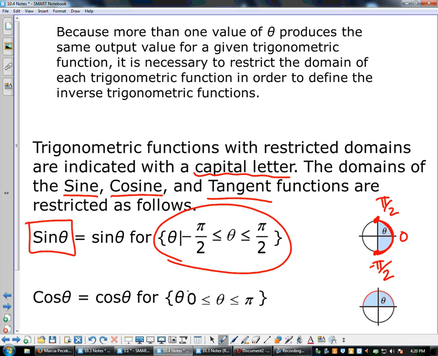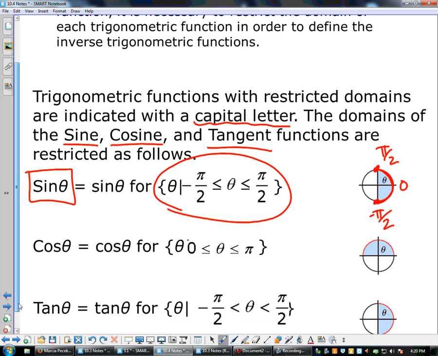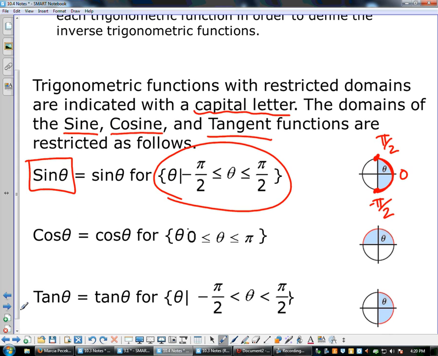We can go from 0 up to pi over 2, or 0 down to negative pi over 2. Then capital cosine is the cosine of theta, but the theta has to be between 0 and pi. We're restricted to looking only on the top half of our unit circle between 0 and pi.